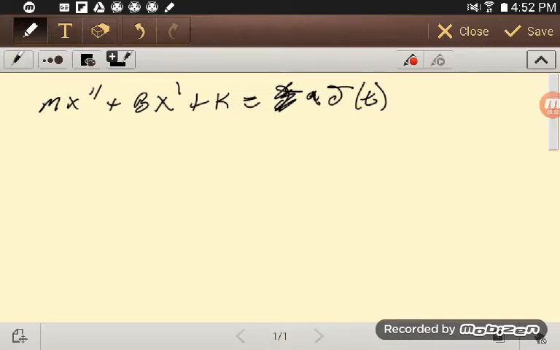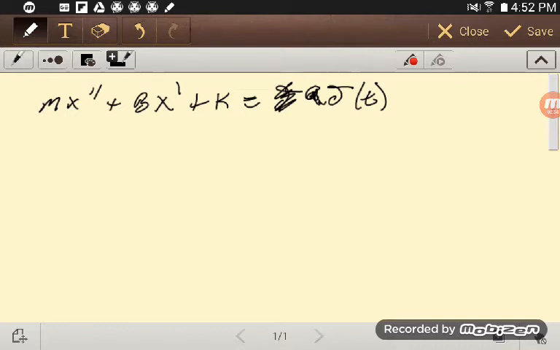So for given m, b, and k, you're going to get some sort of solution in terms of a, and you should be able to come up with that solution.